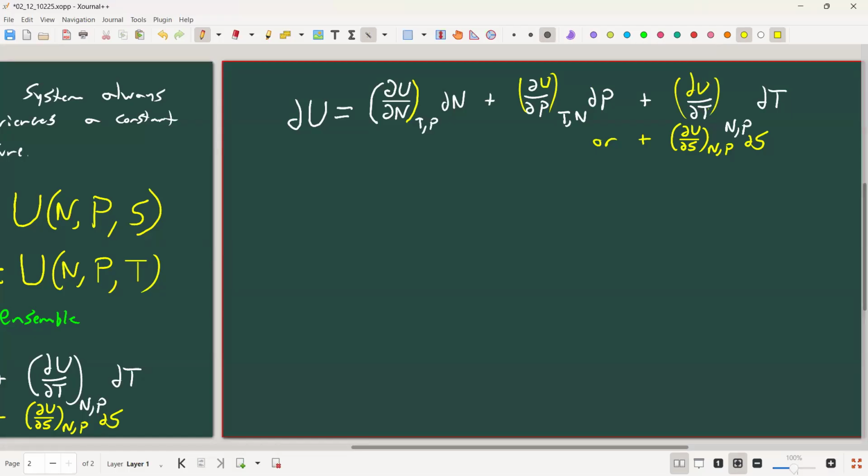Well, we can relate them back to the same variables that we had in the other boxes, right? We had something like dU/dn in our original box when we were talking about entropy in a closed box about temperature. And that's the chemical potential. So this is still the chemical potential, which we label mu.